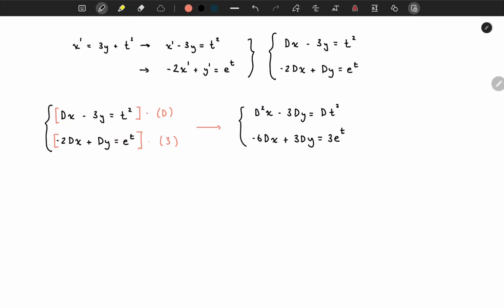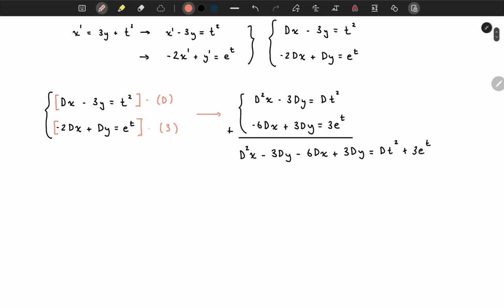So when we add these equations, these are going to cancel out. Let's add these equations, and we get D squared x minus 3Dy minus 6Dx plus 3Dy is equal to D of t squared plus 3e to the t.